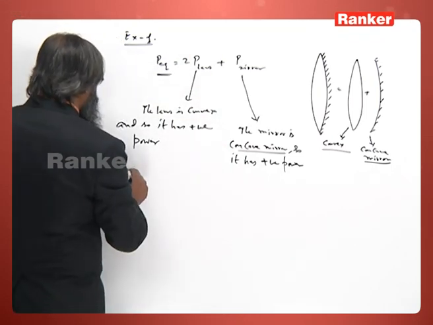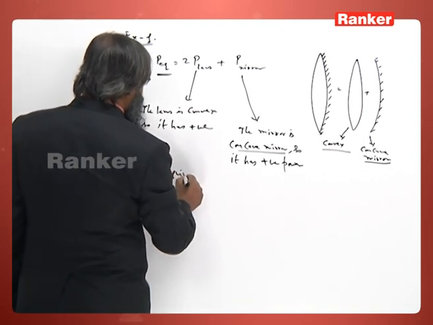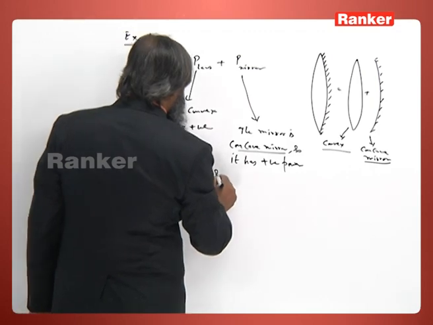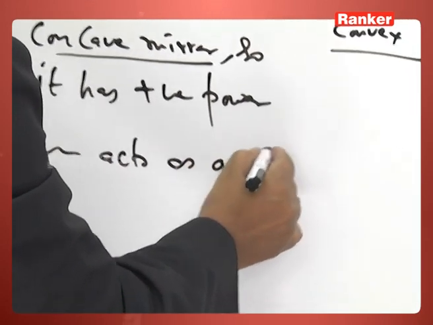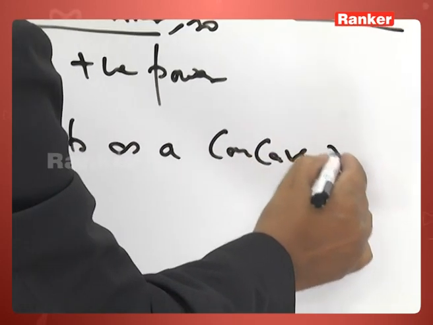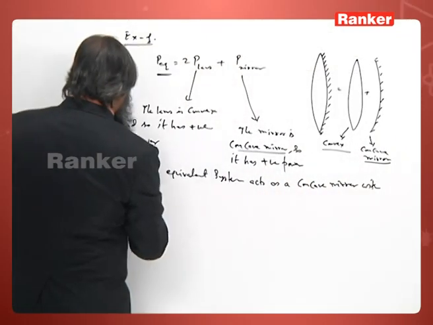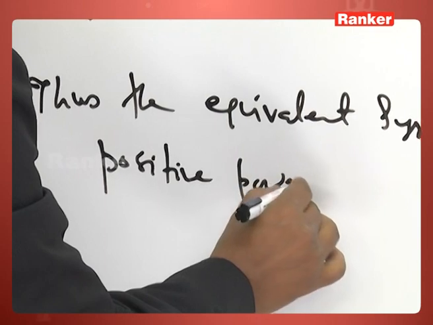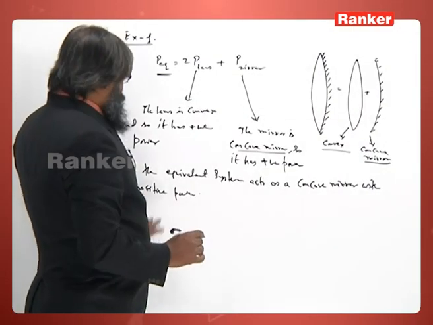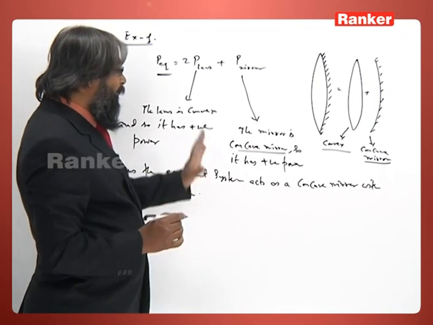Thus the equivalent system acts as a concave mirror with positive power. So no doubt it is a concave mirror.